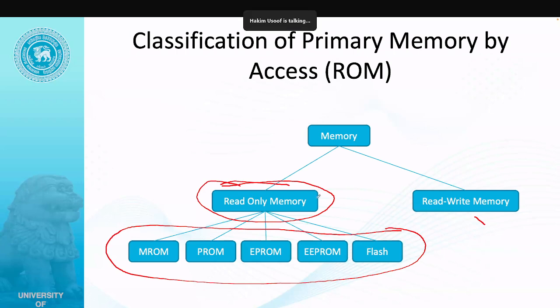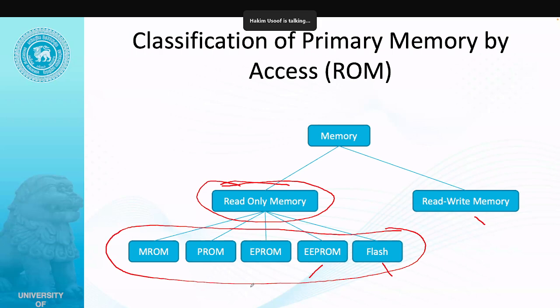There are different types of ROM. Flash ROM is the type you'll get in your pen drives or USB sticks. Electronically erasable and programmable ROMs are what you get in current computers.